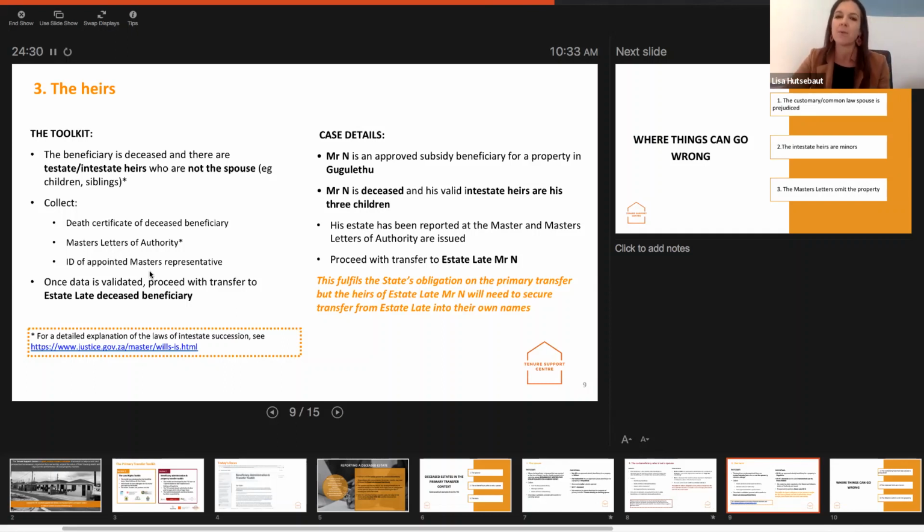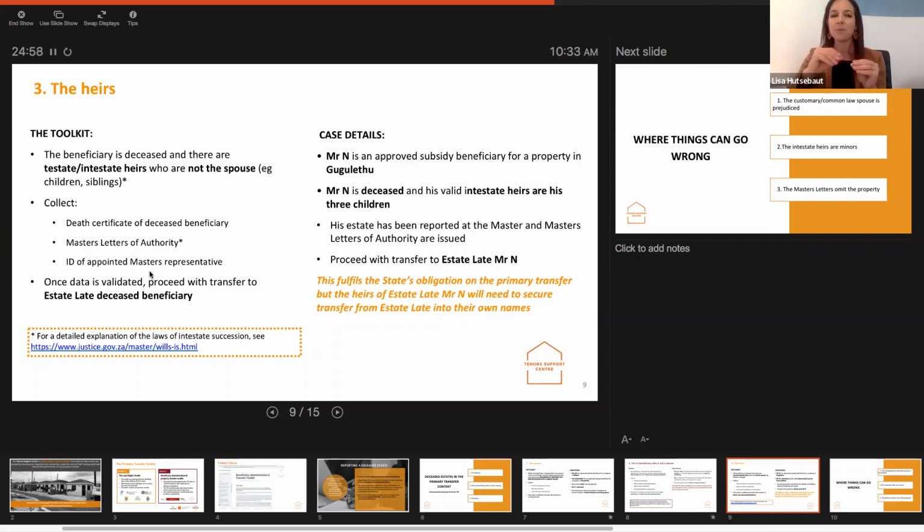It's not strictly speaking relevant, I don't think, in the space that many of you will be working on, but it is a nice read because it is nice to understand that the laws of intestate succession are very specific. They are unfortunately not always completely in accordance with other, for example, African customary rules of succession.